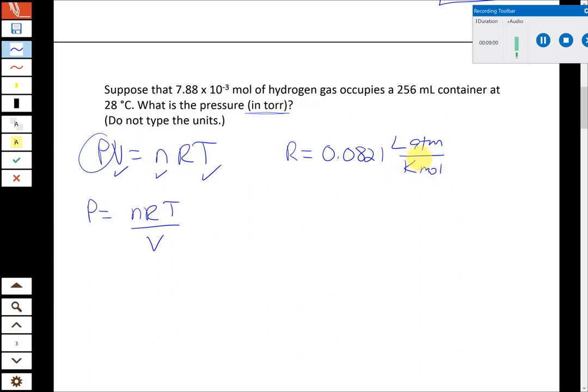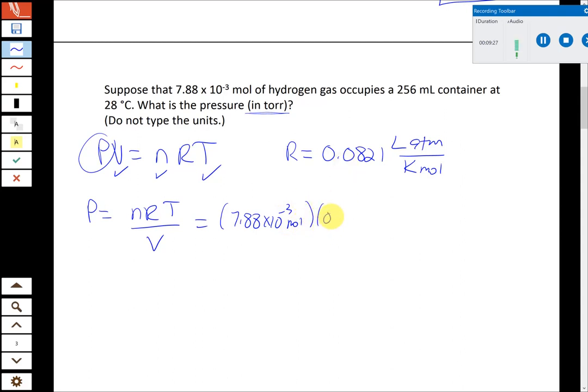The temperature for any gas law problem has to be Kelvin. There's no exceptions to that. You can play around with the volume and pressure units in some cases, as we'll see, but if you're using the value of R, it has these specific units, and so those are the ones we want to use. So we need to probably do some conversions here. So nRT over V, number of moles is given, so that we have 7.88 times 10 to the minus 3.